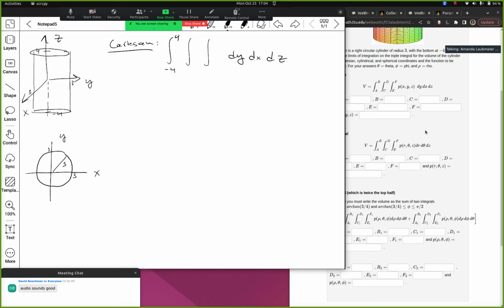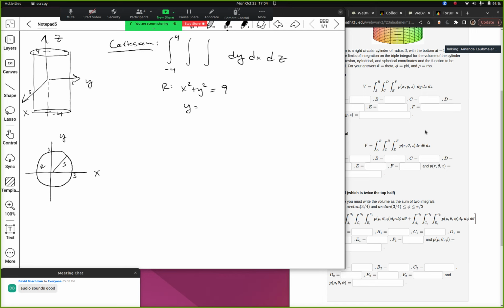And then to do my dy dx, because I'm only thinking about y and x, I can focus on this second picture that I drew right here, where it's a circle with radius 3. I'm just going to call this region R, and that's going to be x squared plus y squared equals 9 is the boundary for it. If you all have not committed the equation for a circle to memory, you should for this section.